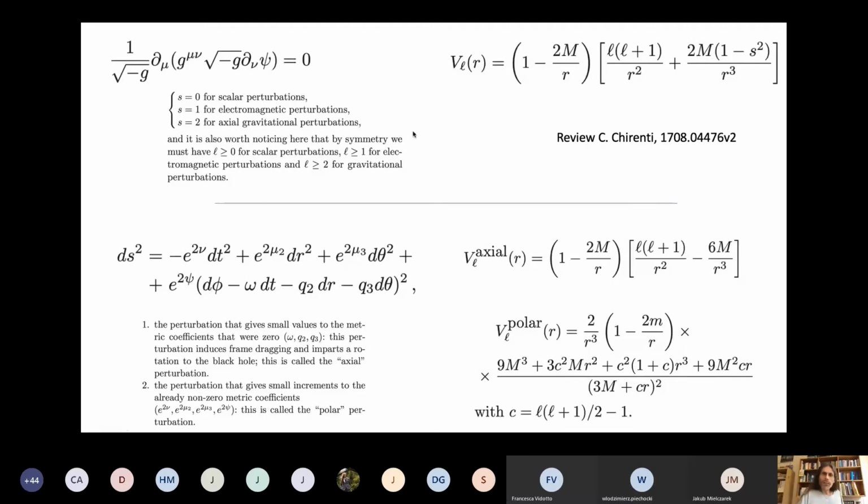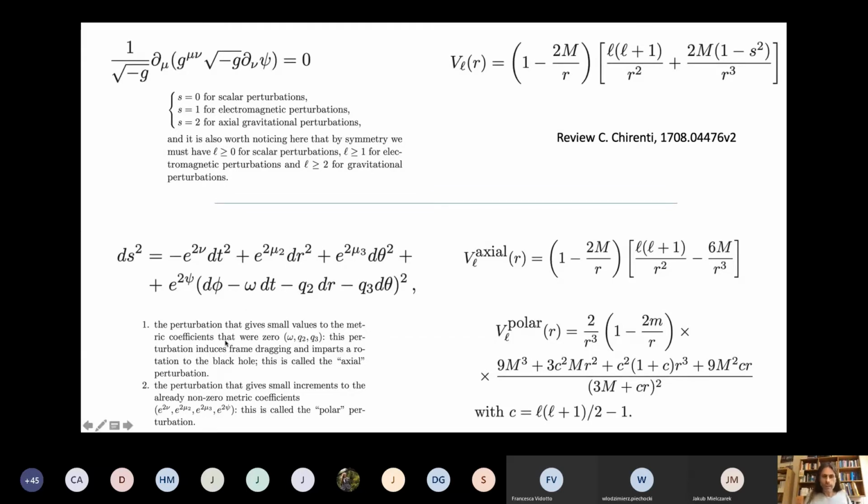In the case of quasi-normal modes, things are slightly different because you don't try to solve the equation. You basically try to understand for which values of the frequency there are solutions to the equation. So when writing down the metric in an axisymmetric form, and you are allowed to do that because due to the spherical symmetry, you can always, with a rotation, go to an axisymmetric solution.